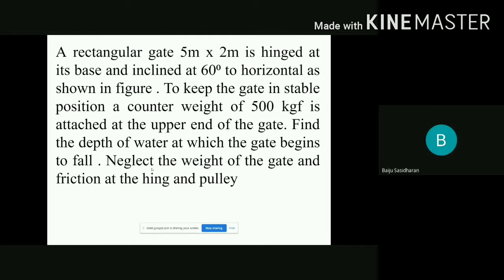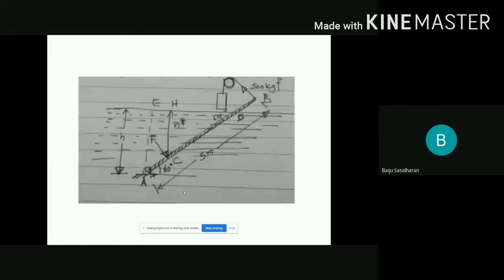So what is the condition given? Neglect the weight of the gate and the friction at the hinge as well as at the pulley. There may be friction at this pulley and at this hinge. Those things we have to avoid, and we have to find the height of water at which the gate starts to open.